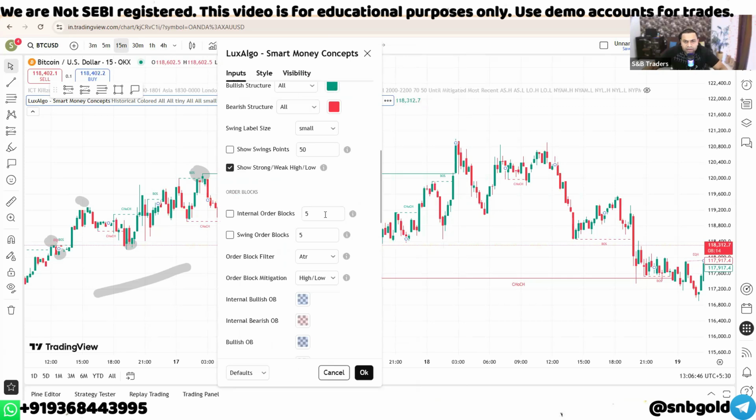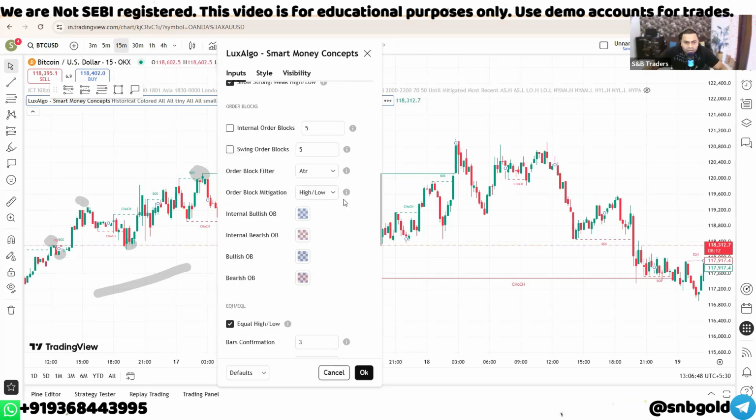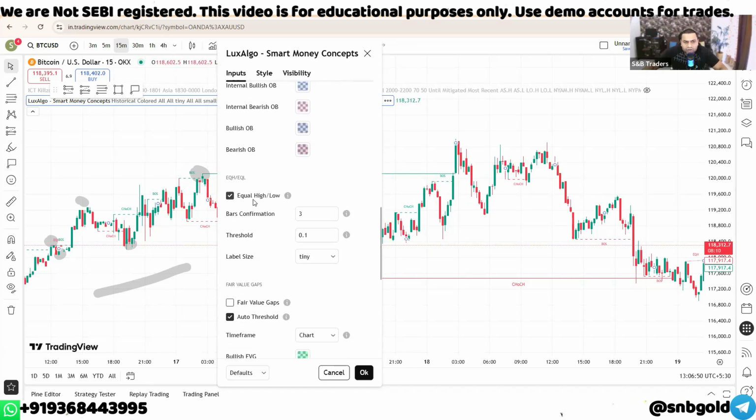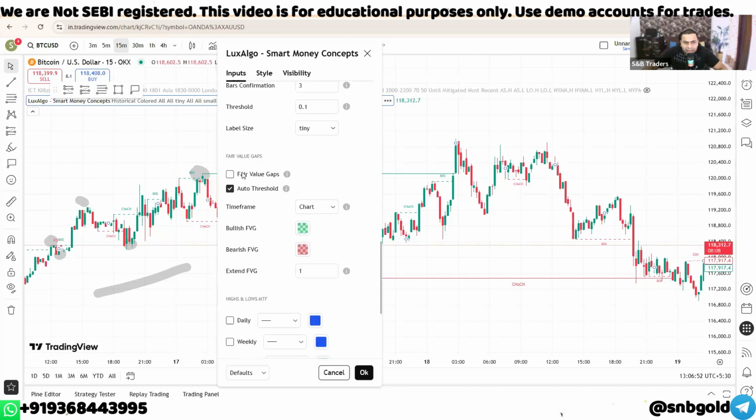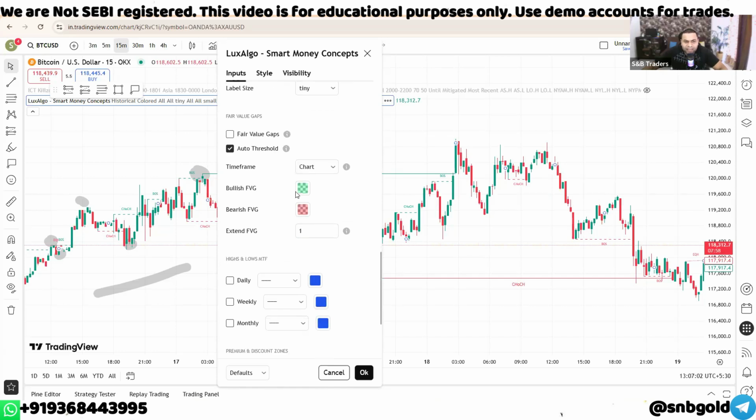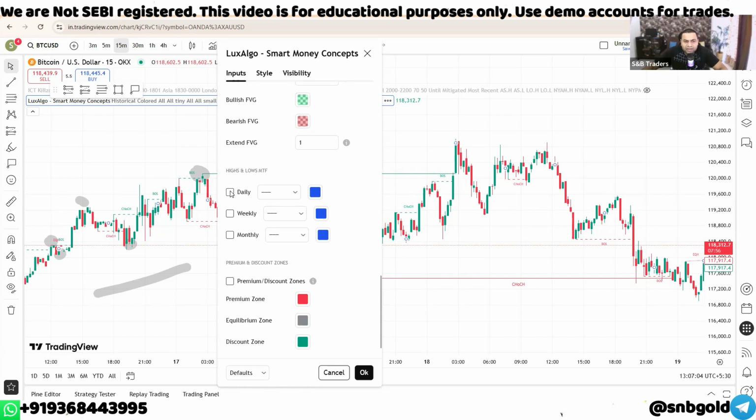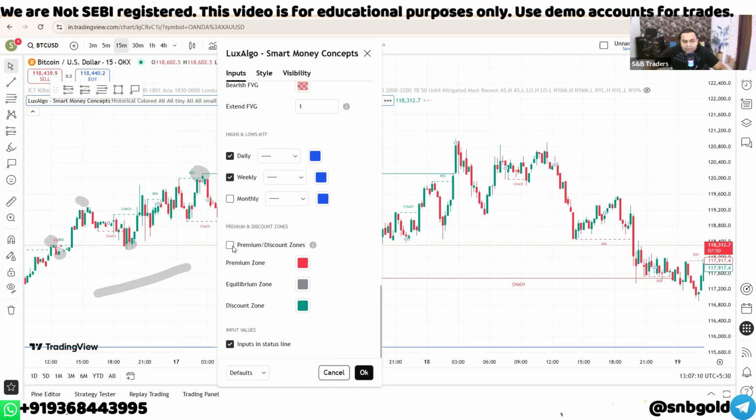We are not dealing with internal order blocks right now. Equal highs and equal lows, yes. Fair value gap is something that we will cover in the next classes, but for now you can just keep it unchecked. And same with daily high, you can just check it, and weekly high, and then premium and discount zones.